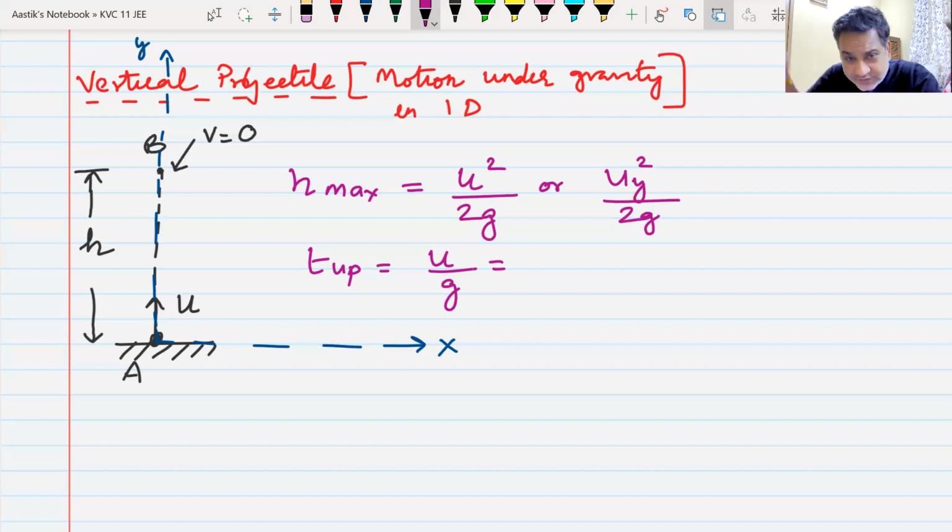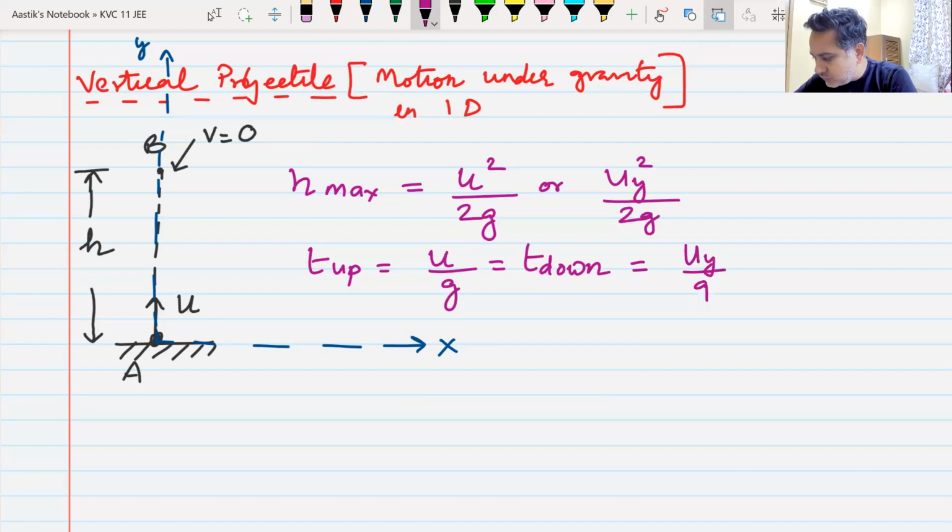Come to this: F is equal to ma. Good one. This is a good universe. Try again. How much time does it take to come down? I think you have forgotten. It is the same as the time it takes to go up. I can now write it as uy by g, because this u was actually along the y-axis.